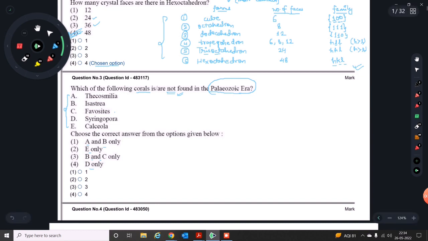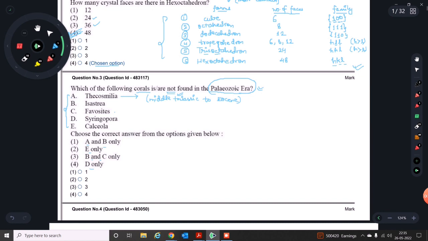So Cephosmelia, the first one, ranges from middle Triassic to Eocene. So middle Triassic, Jurassic, Cretaceous is basically from Mesozoic era, not from Paleozoic.